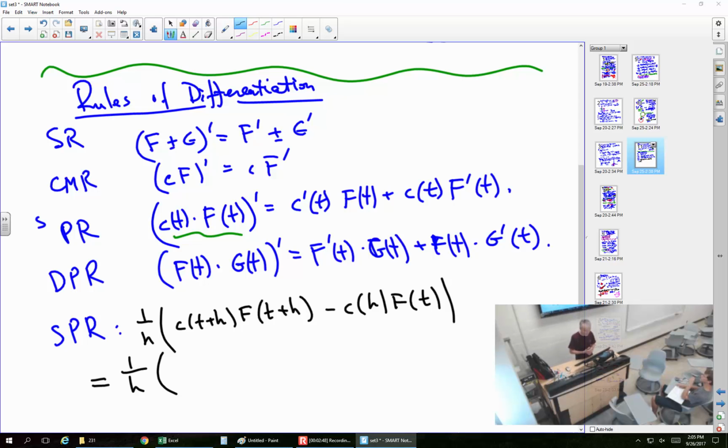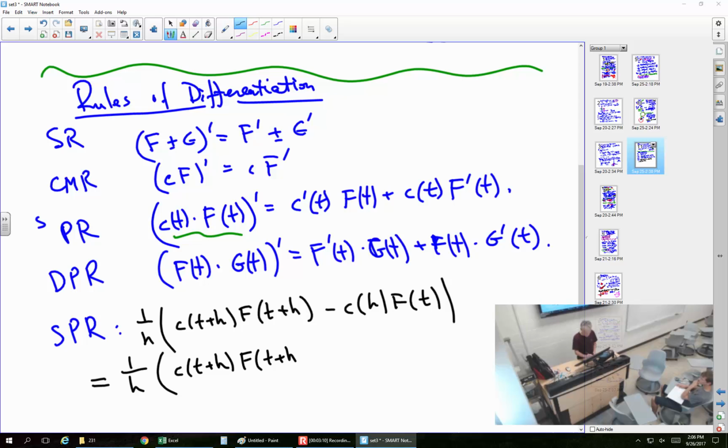There's a trick here. How do you get 4 terms out of 2 terms, because every derivative is made of 2 terms, as you can see. This is the derivative. It has 2 terms. To have the answer with 2 derivatives, you'll have 4 terms. How? Well, you just add and subtract.